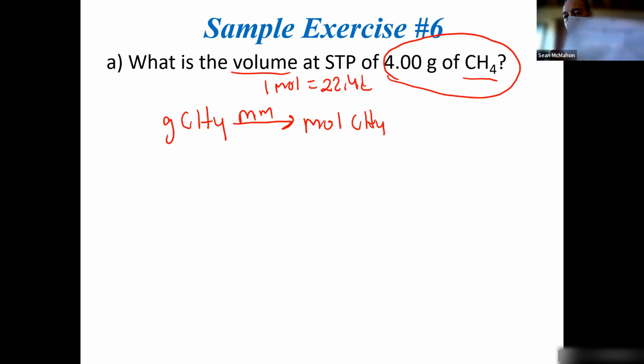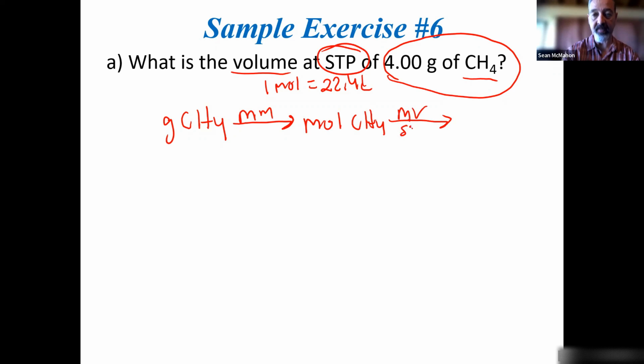Getting a periodic table, the best cheat sheet, your best friend in the world. It's not focusing, I'm sorry. And then for moles of CH4, because this is at STP, I can use molar volume of a gas at STP to get liters. They didn't tell the specific unit of volume, like milliliters, so just stop at liters.